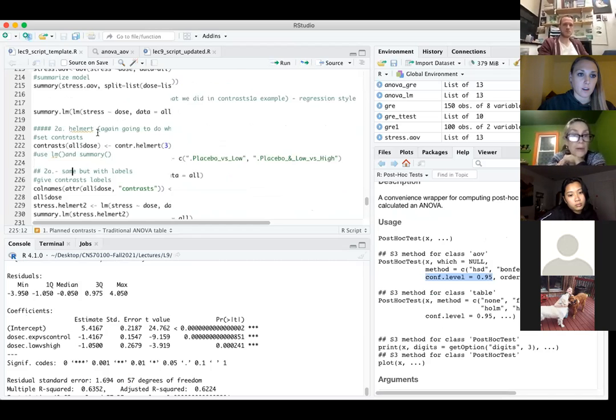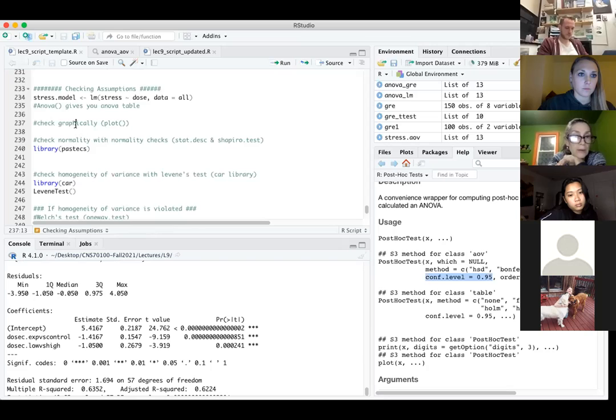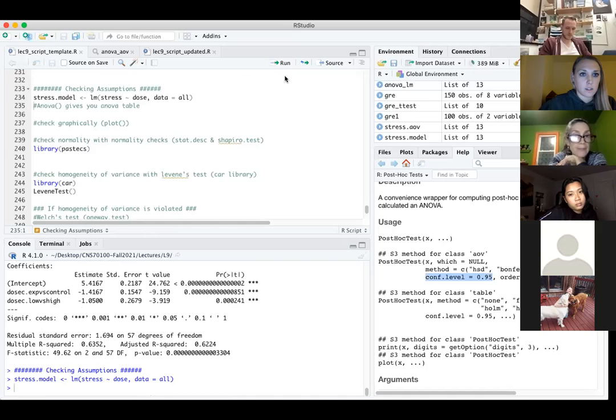So I'm going to have our stress model here. And remember we have our ANOVA, which gives you the stress model.